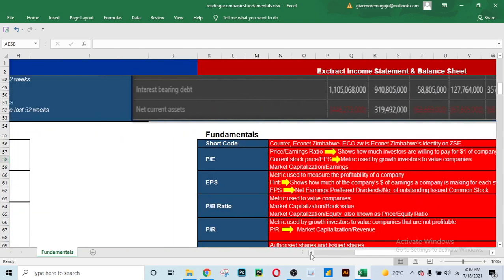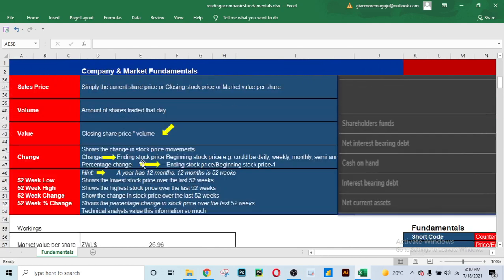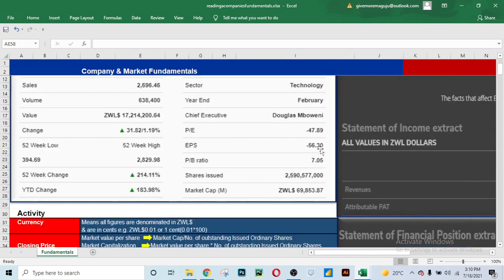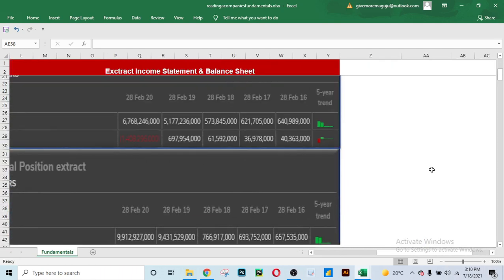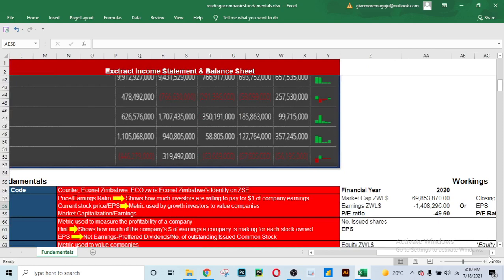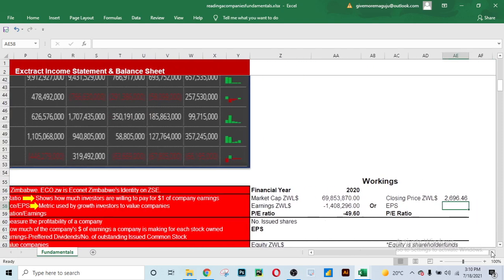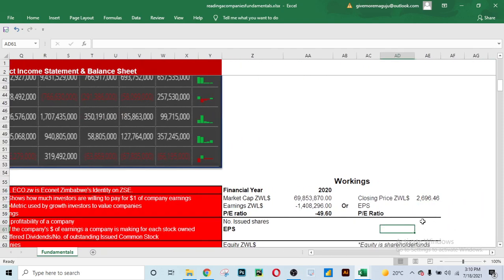Let's check again. Negative 56.30. Okay, negative 56.30, that's our earnings per share. So it's negative. So to do that, we say equals 0 minus 56.30.